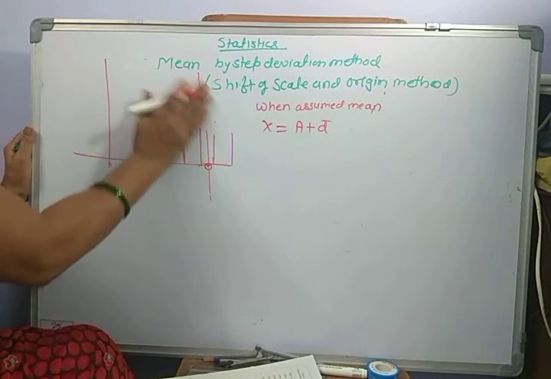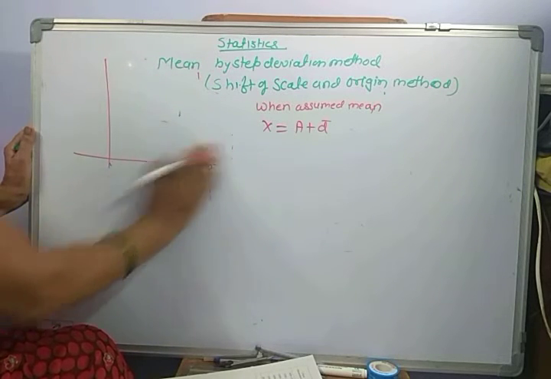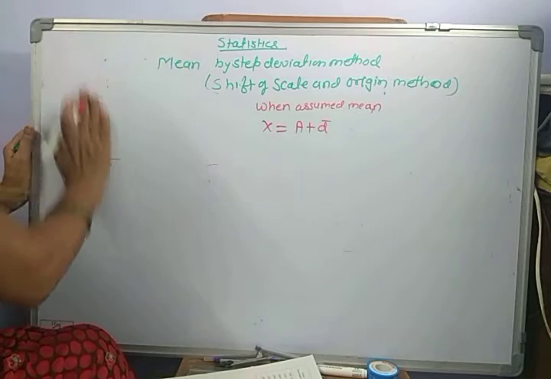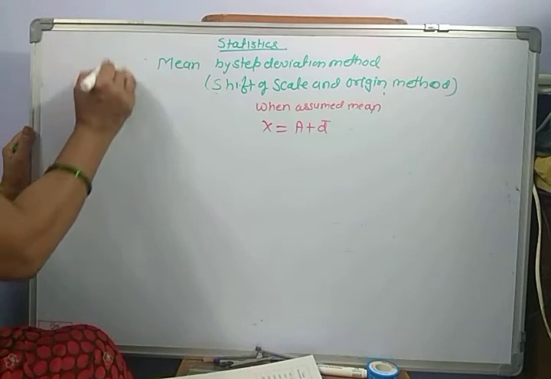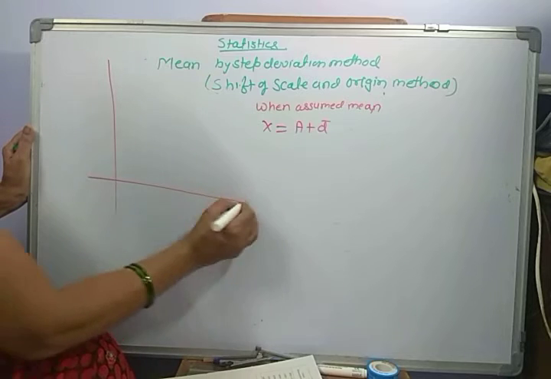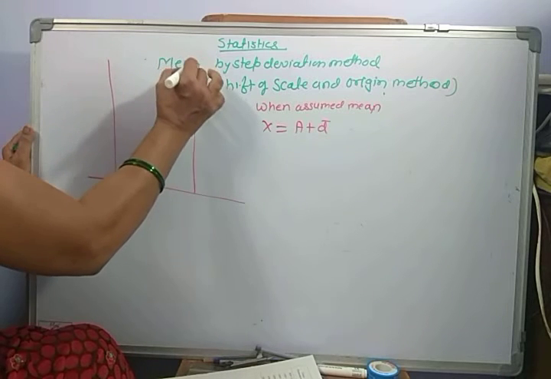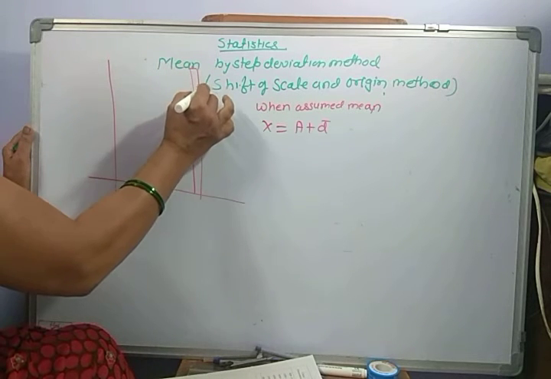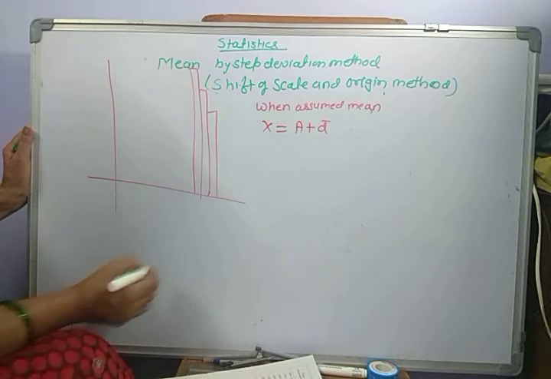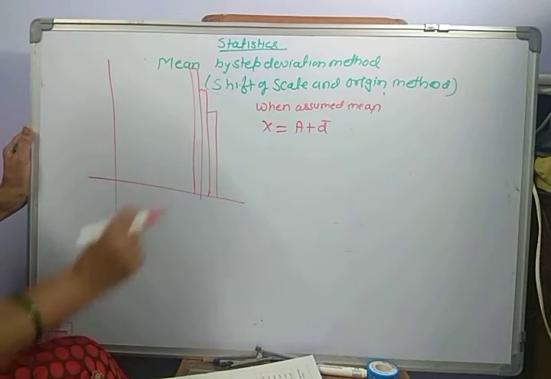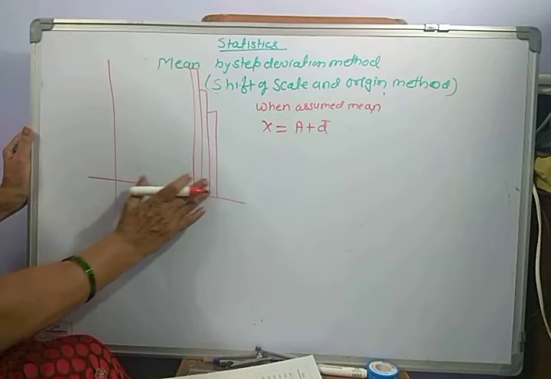Suppose the graph is not only longer, away from the origin, but also having quite high frequencies like this. It is away and it is rising up like this. Bigger numbers are there. Much bigger classes are there.